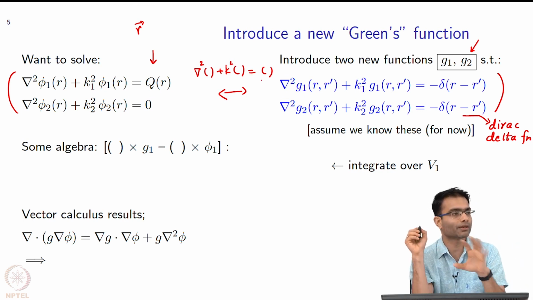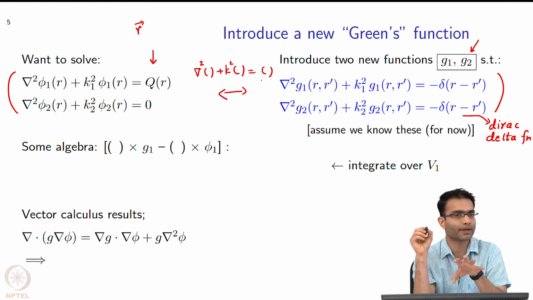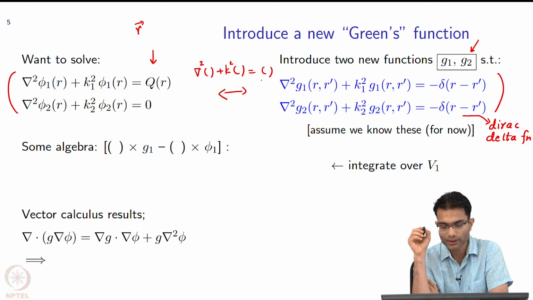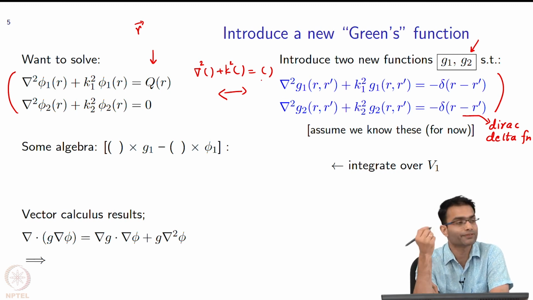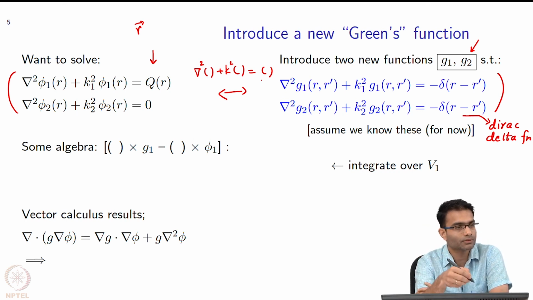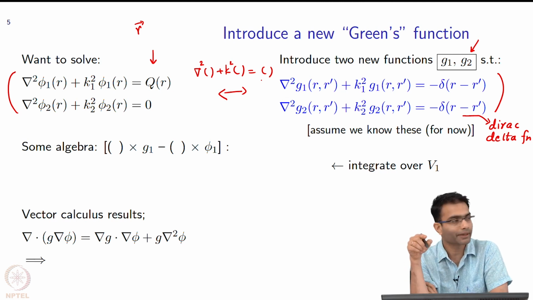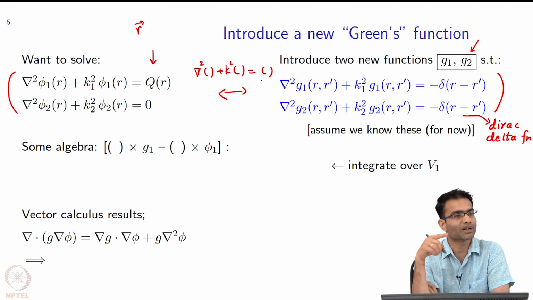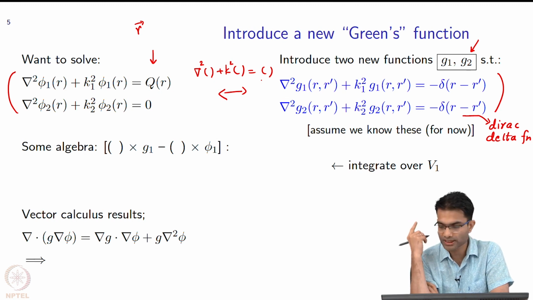That seems to be the general template into which these two equations are fitting. If I make the right hand side non-zero, I get the second equation. If I ask you what is the difference, the first equation is an equation in only one variable, r. The second equation, now I have introduced one more variable, r prime, which will seem a little strange at first, but we will see, it will make life very powerful.